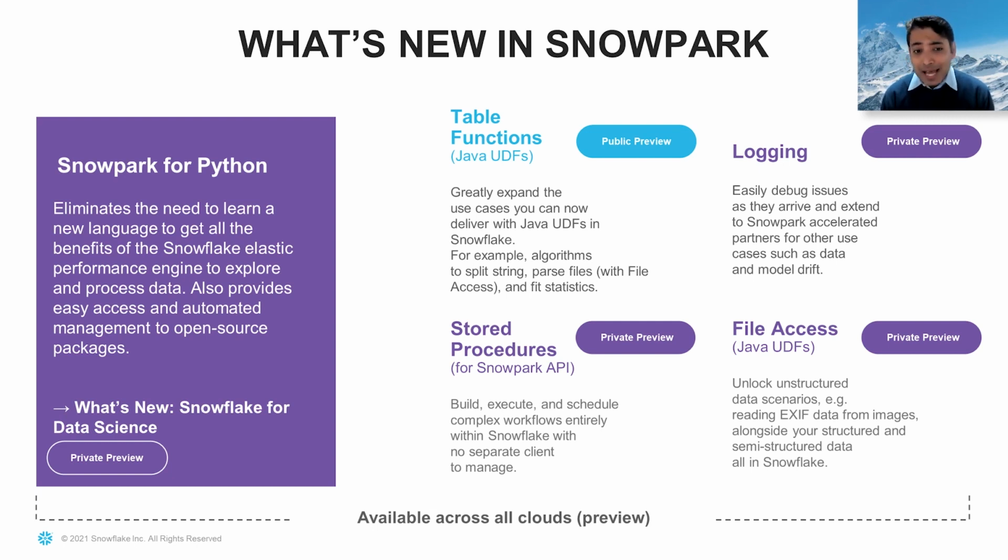And we run Anaconda verified open source packages to help you accelerate that part. For the Snowpark live demo in action, I would encourage you to attend our data science session, where we are going to have a detailed demo and go into the details of how to run Python jobs in Snowpark. Python support is in private preview. I encourage you to sign up today to stay in the loop.